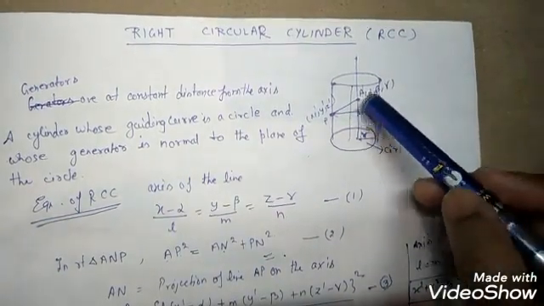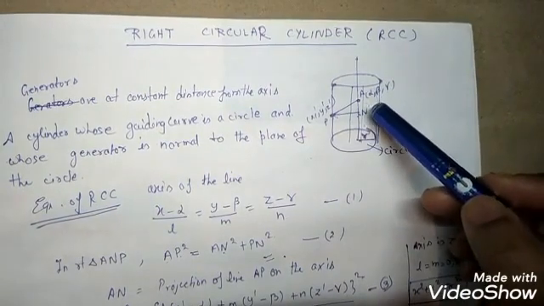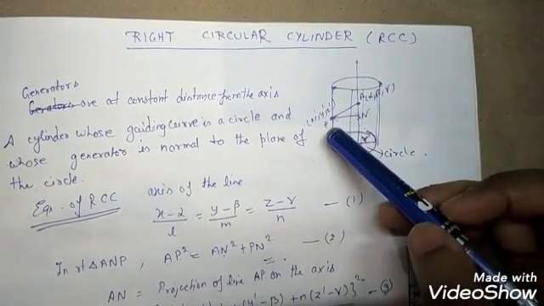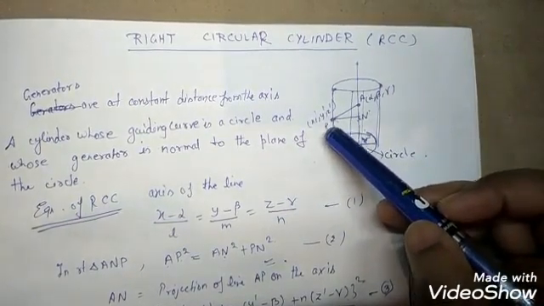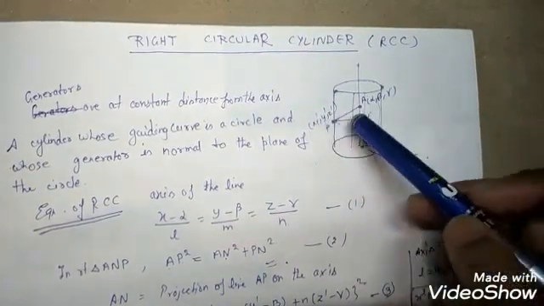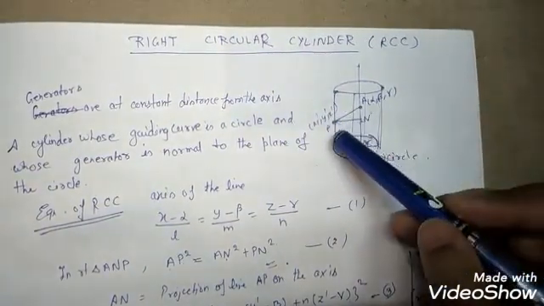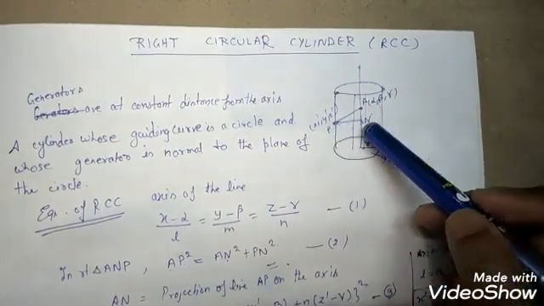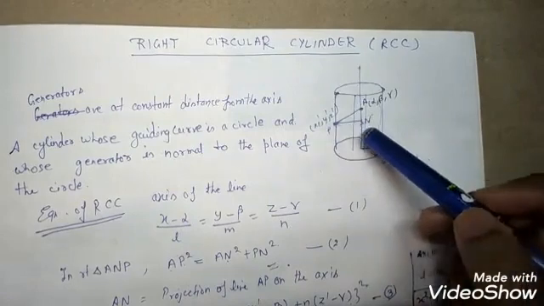Let us take a point A (alpha, beta, gamma) on the axis of the cylinder, and a general point P (x dash, y dash, z dash) on the surface of the cylinder. We join the points A and P, and then we drop a perpendicular from point P to the axis, that is PM.